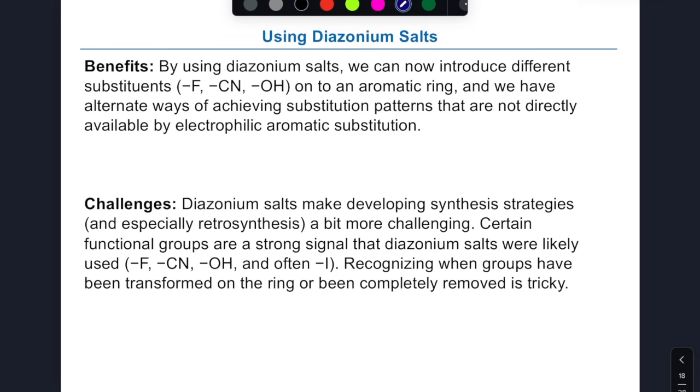However, it makes synthesis a little bit tricky, because almost any functional group could have gotten there either from electrophilic addition or now nucleophilic addition, where there used to be an aniline center. In order to recognize where you've used the diazo, you have to look for these nucleophilic fragments, which are often installed via the diazonium salt. So it can be a little bit tricky to work out by synthesis, but we'll practice a couple of cases.